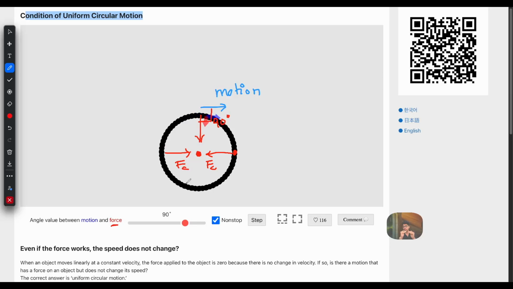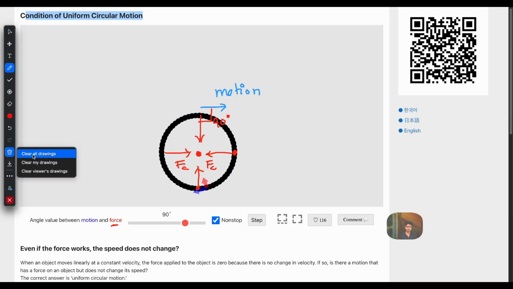For something that is moving, you have to always apply the force at 90 degrees to the motion as it takes the turn. This is the centripetal force acting toward the center. That is the condition for uniform circular motion: the force has to always act toward the center.